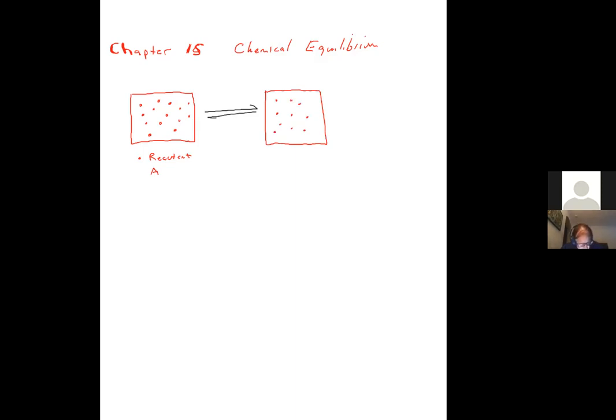Maybe I'll put a few more in here just to reinforce the idea that there's more of them here than there are in the second case. But interestingly enough, there's something else in there. This other material we'll call the product, and we'll give it a symbol. We'll call it B.